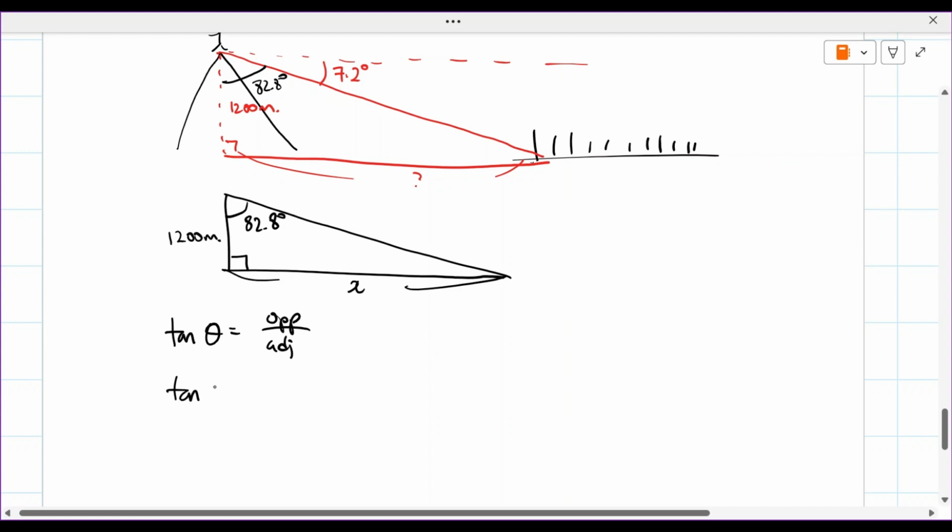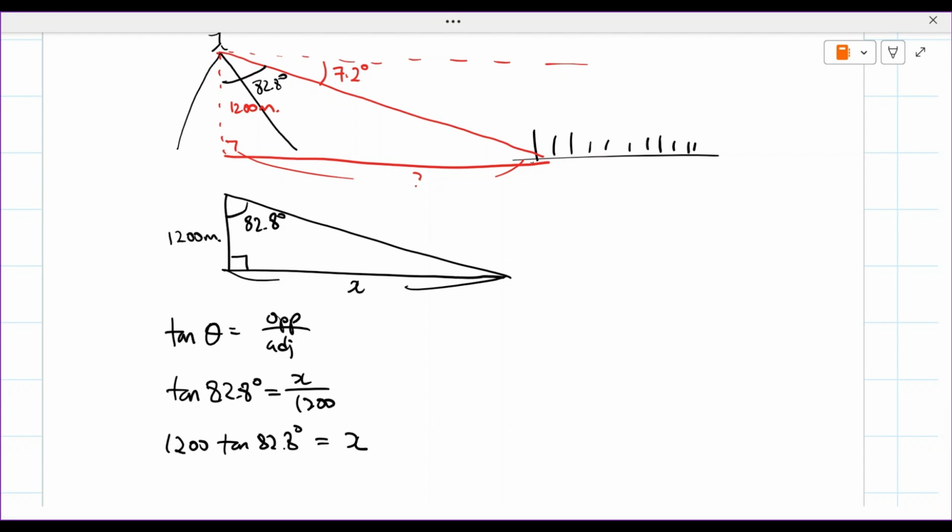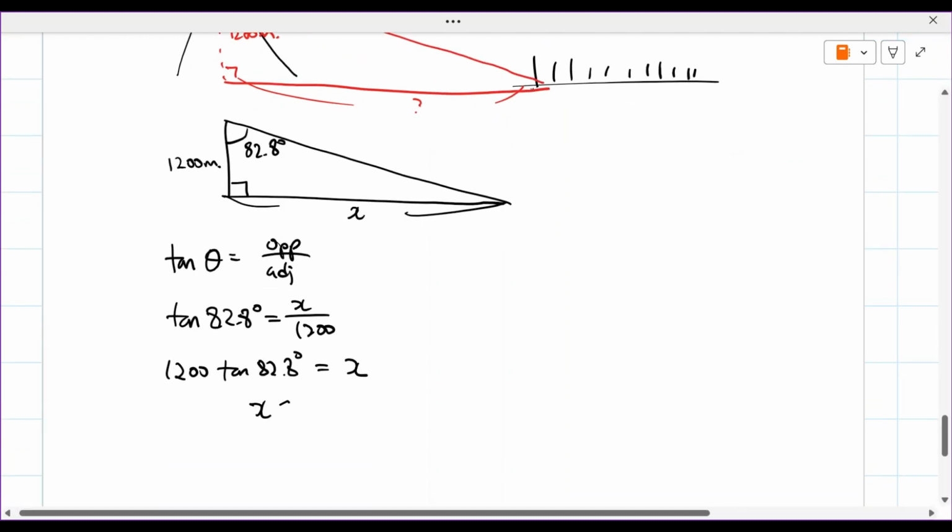That's tangent of 82.8 degrees is equal to x over 1,200. So that's 1,200 tangent of 82.8 equals x. So let's put that into the calculator. And I got x is approximately equal to 9,499 meters, or approximately 9.5 kilometers.